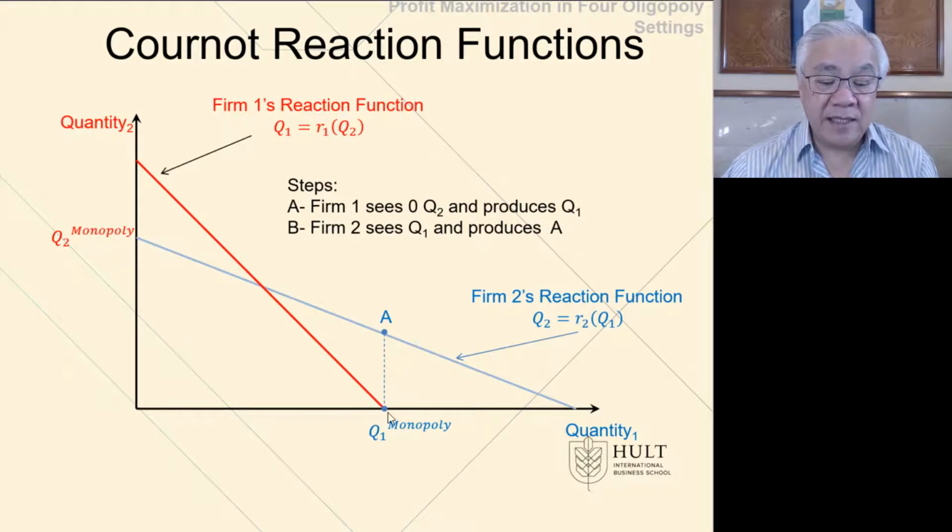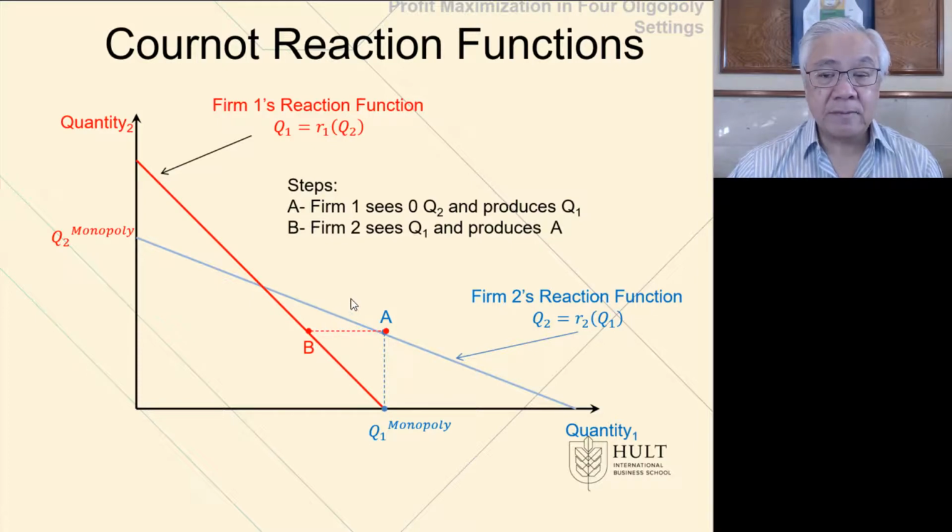Firm 2 sees this quantity, and at this quantity on the blue line, on the firm 2 reaction function, they're going to want to be at A. So they're going to move and produce A. Next step is now firm 1 sees A, and that translates to a different point for their function, and they're at point B. So they're going to drop production if they see this response from firm 2.